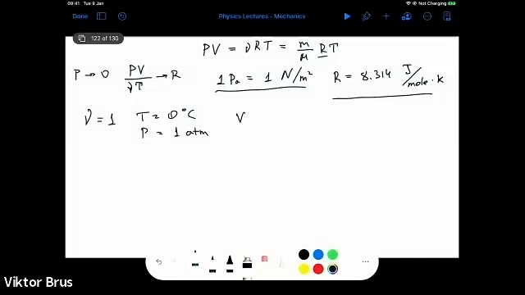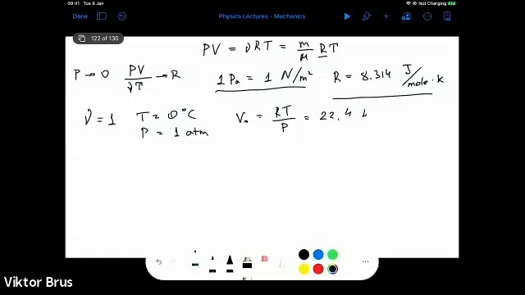So in this case, this volume will be R times T divided by P. And this is equal to another quite common constant, 22.4 liters. So this is the volume which 1 mole of ideal gas will occupy under standard conditions.